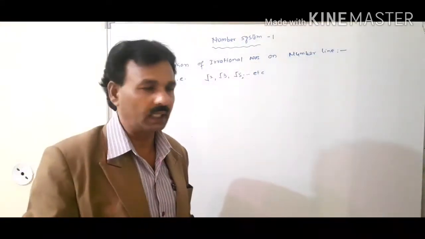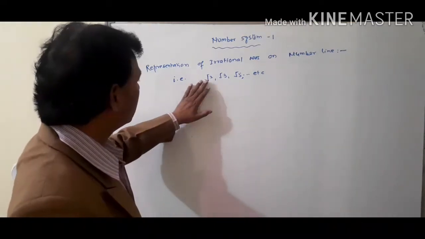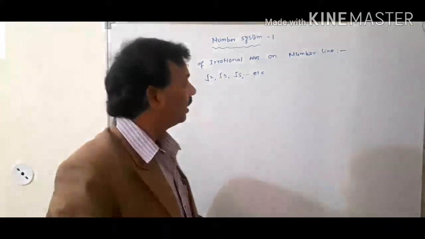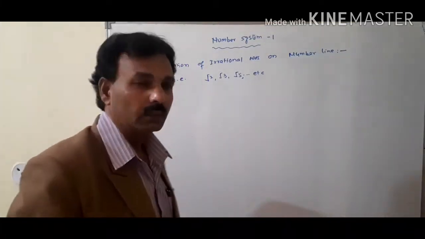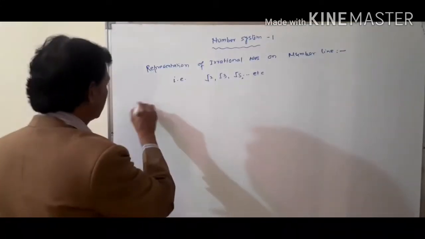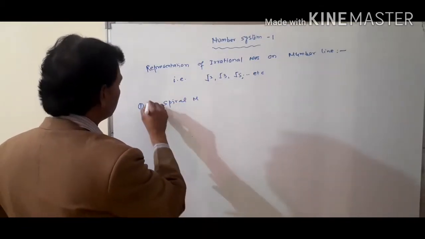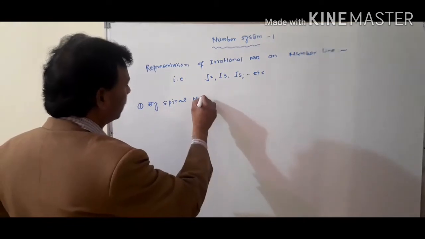If we want to represent irrational numbers on the number line, then there are two methods. First is known as the spiral method.